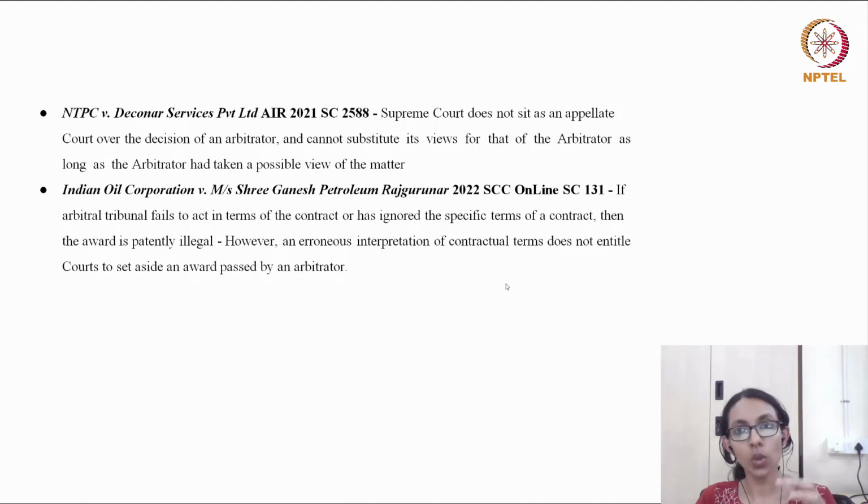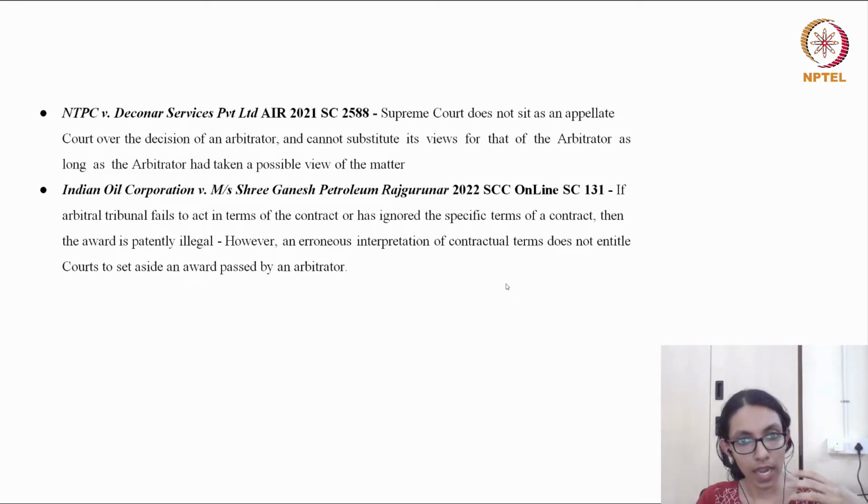It can intervene only in certain specified situations that are laid down in Section 34. Moreover, as long as the arbitrator has taken a reasoning or has arrived at a conclusion that is a possible one, then the court will not intervene.